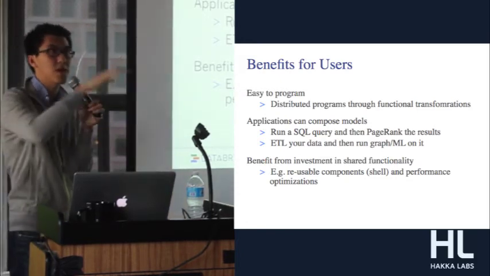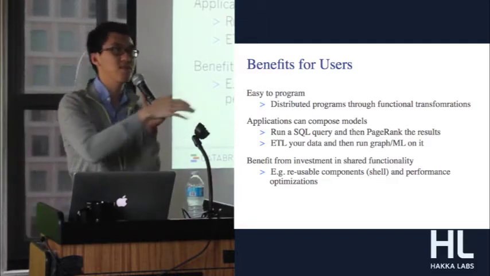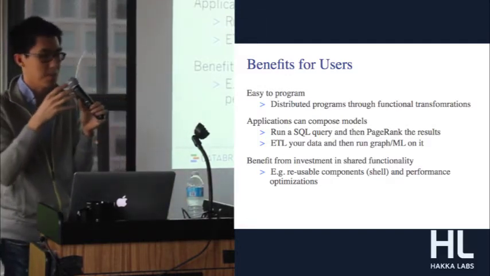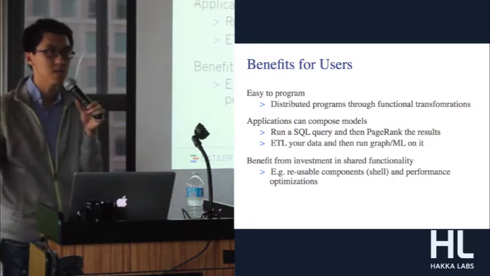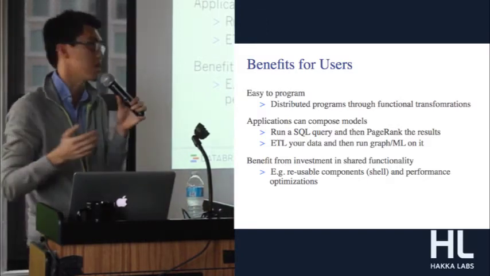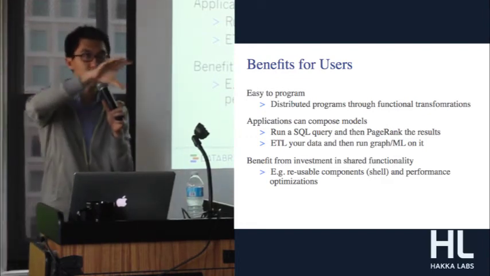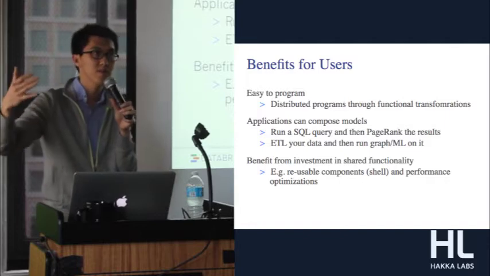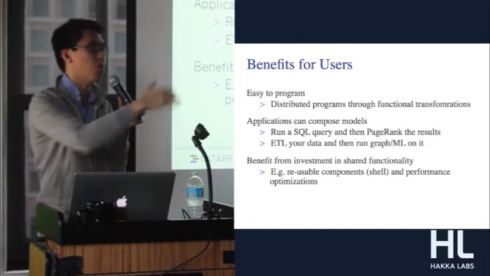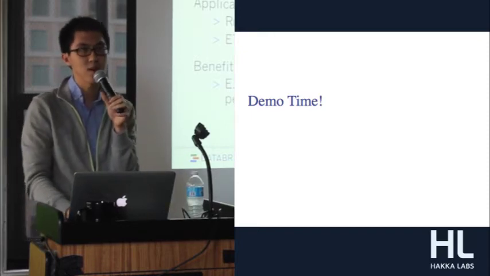You can cover it from end to end. Your application can compose different programming models on top of this. For example, run SQL, and then for the results you selected, run a machine learning algorithm on it. And because all of this shares a common core, improvements to any of these improve all the other systems.